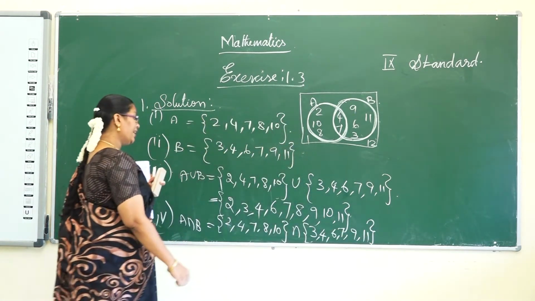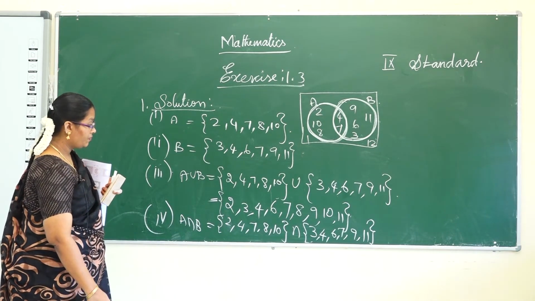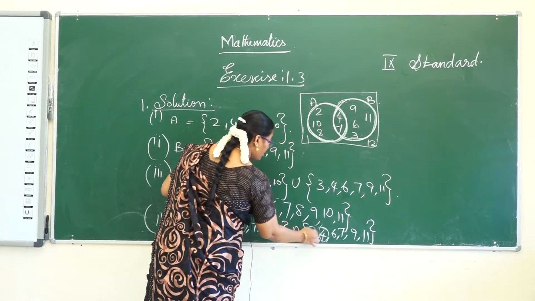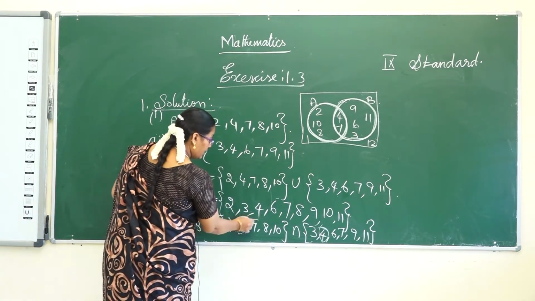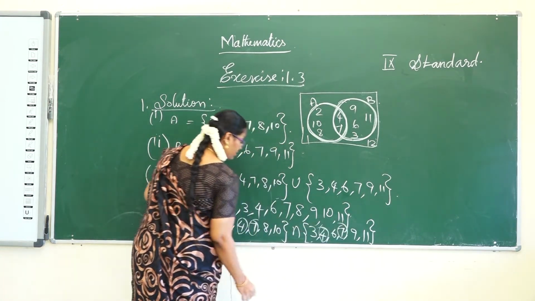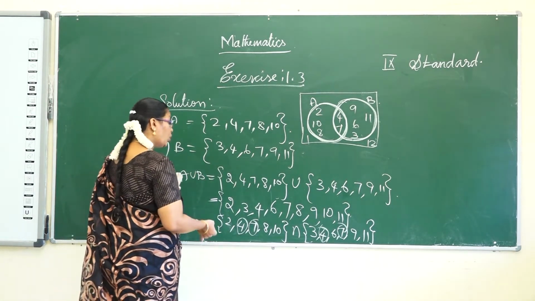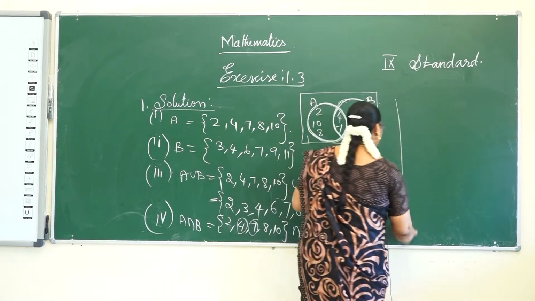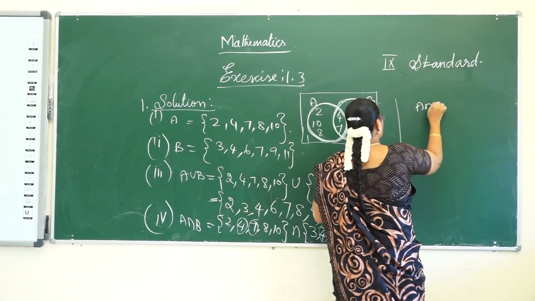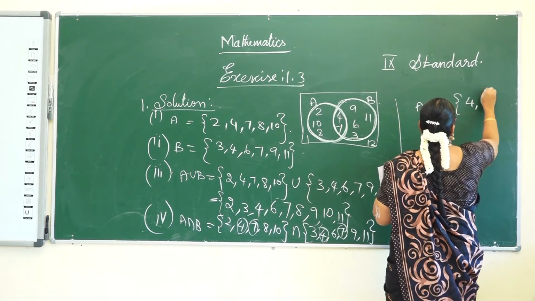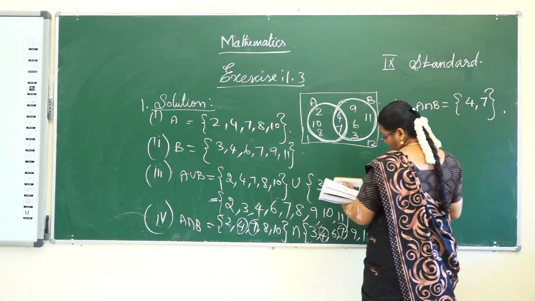Which elements are common in both sets? 4 and 7. Any other elements? No. So A intersection B is equal to 4 and 7.